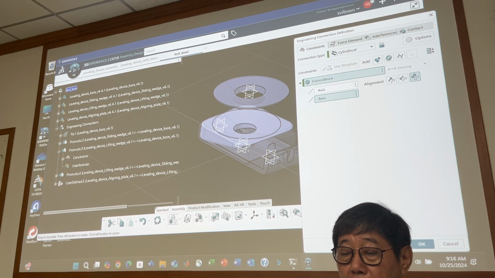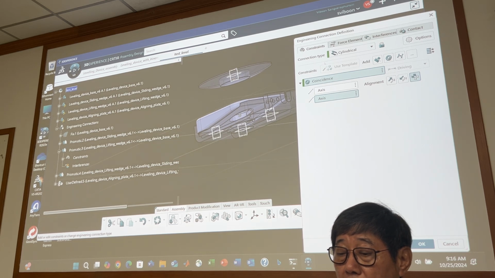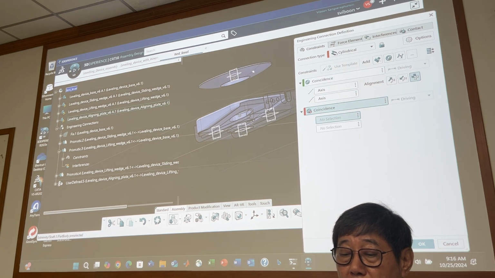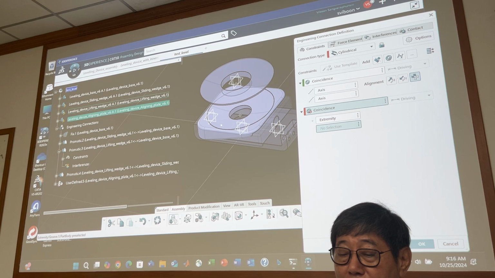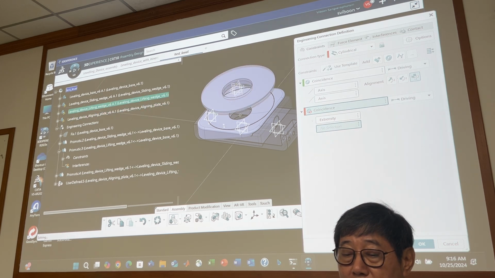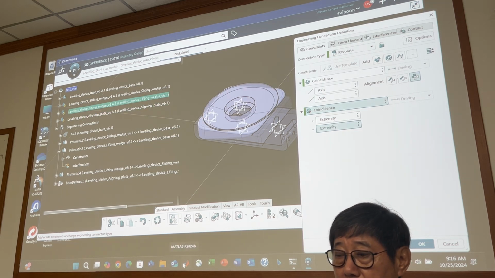And the other one coincident as well. If the face you choose is not equal to this one, it won't find it. Okay, so you have this one.